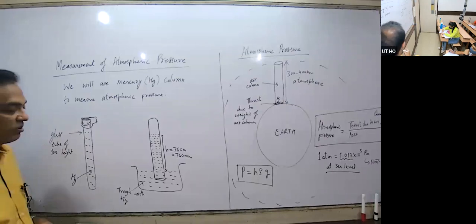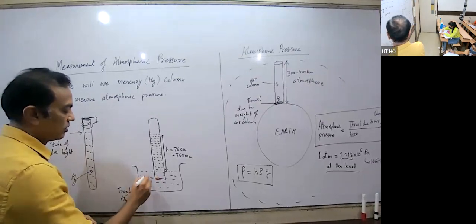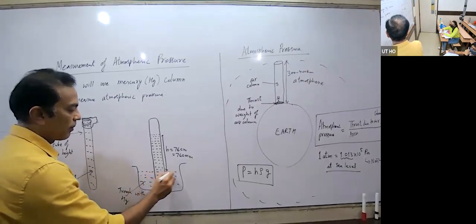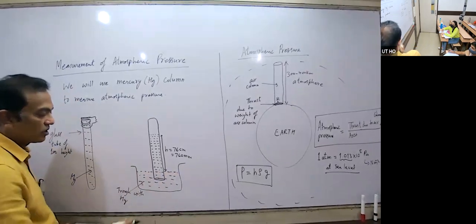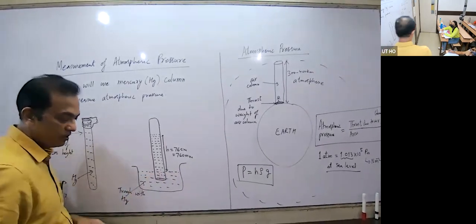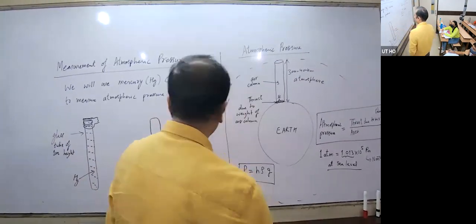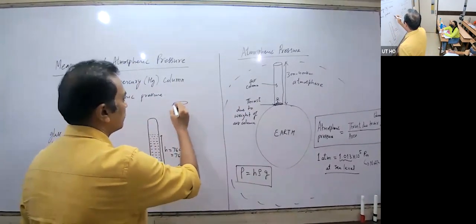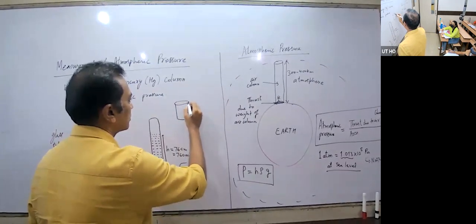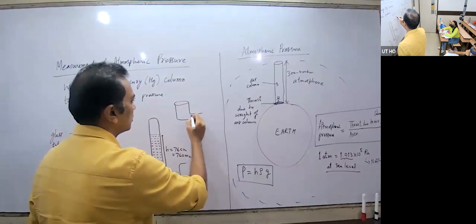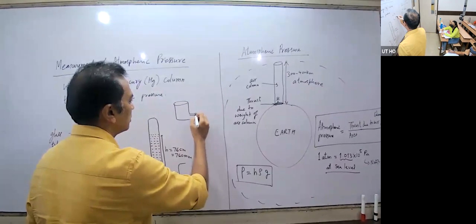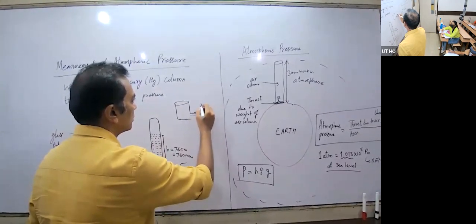So how do we explain this? We can explain it like this. When water flows through a pipe, suppose you have two cylinders, with a little tap arrangement over here.